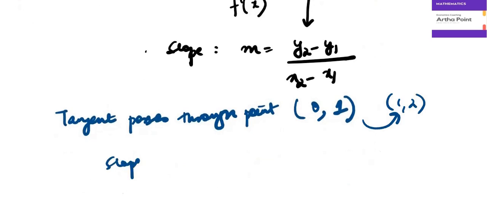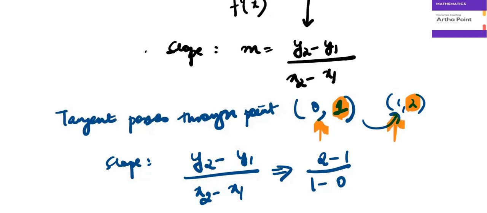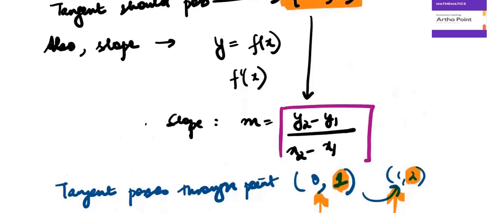So the slope will be y2 minus y1 upon x2 minus x1, which will be 2 minus 1 upon 1 minus 0, which will be just 1. I am just using my concepts of linear function that I taught you in some classes back. You just have to think through. You cannot find the slope of any line unless you are given one more point.